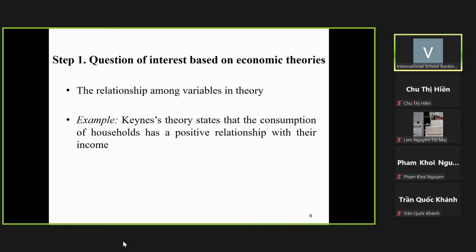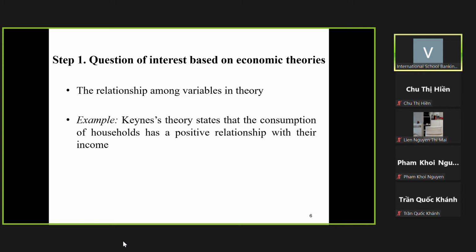Okay. So that means at the beginning, you need to decide what you want to analyze. For example, here, in economics we study the theories of Keynes. Keynes is a very famous English economist.